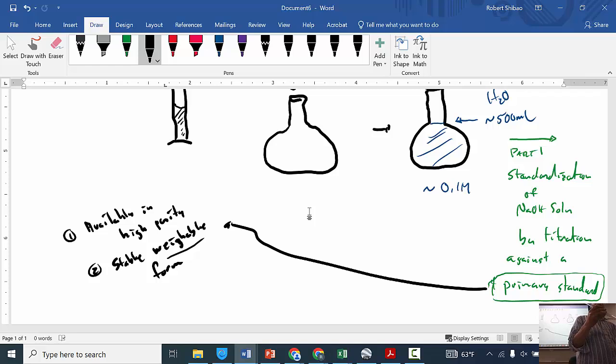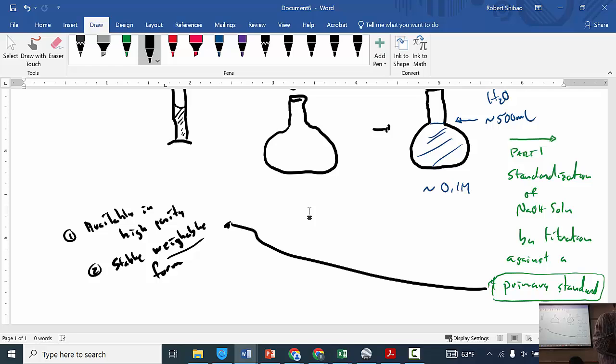But our balances, how many sig figs can we get from those balances? It depends on how heavy it is. Let's say something weighed 10 grams. It goes to the 4th decimal place, so that would give me 6 sig figs if something weighed over 10 grams.